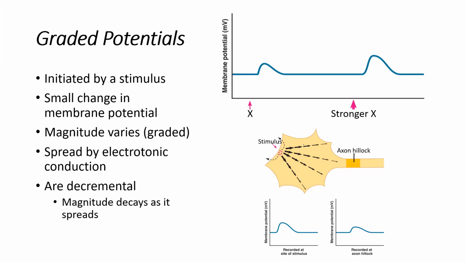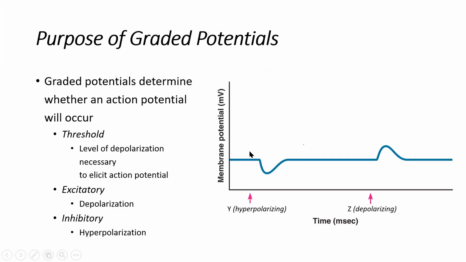And that will basically contribute toward whether or not we are able to create a meaningful membrane potential shift here at the axon hillock, which is at that negative 55, okay? And so what we're seeing at the bottom here is the stimulus recorded at the site of the stimulus. And by the time we get to the axon hillock, that has completely watered down. And so it doesn't reach that negative 55.